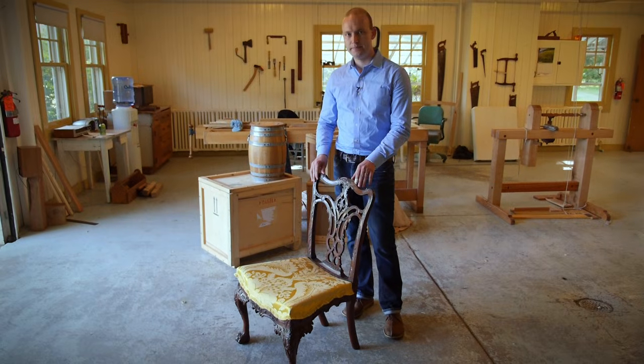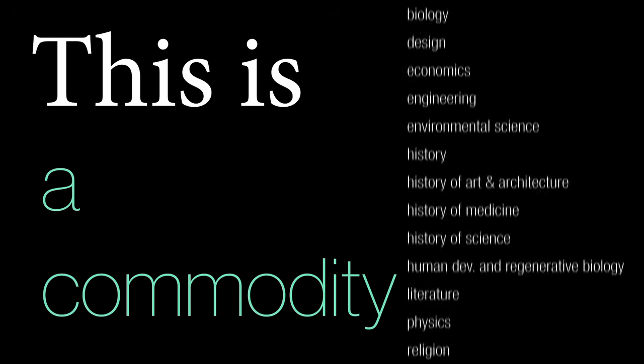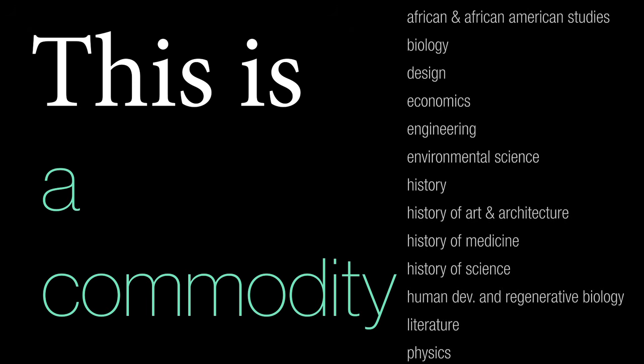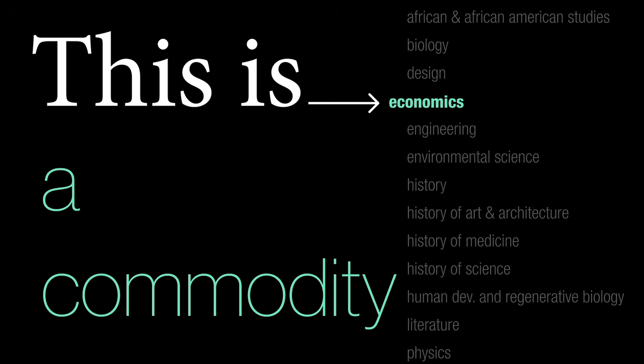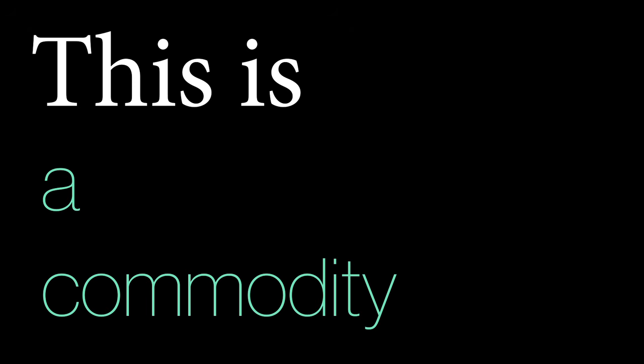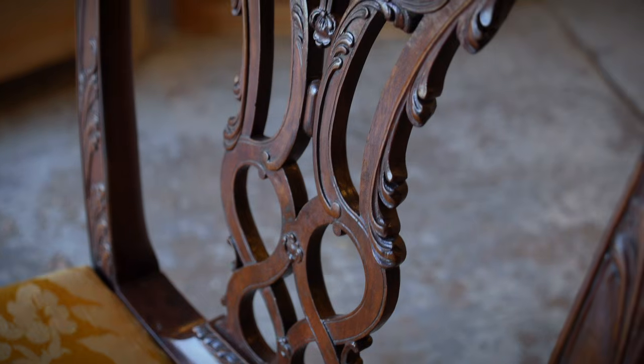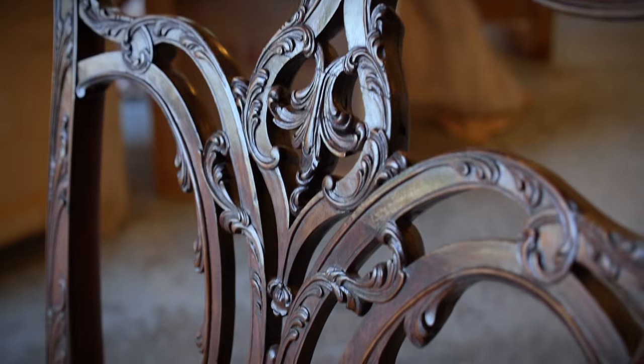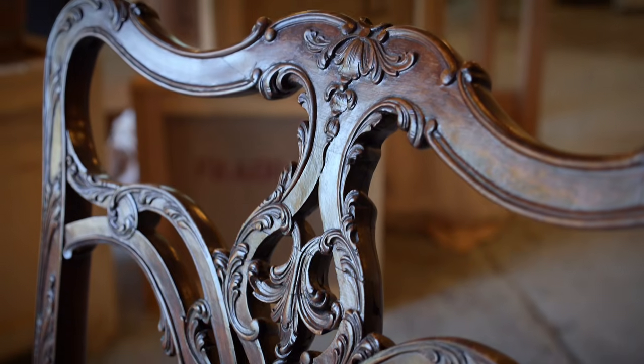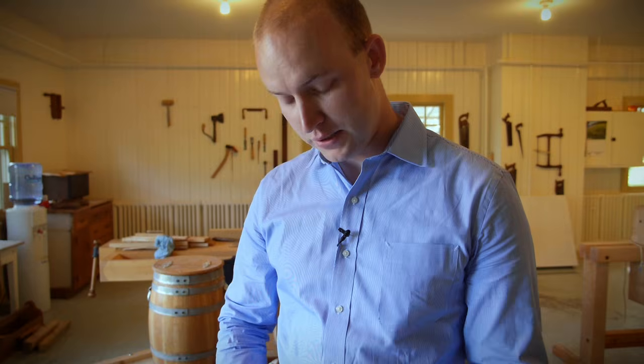This is not a chair, it's a commodity. A chair like this was not only beautiful, but it also required a vast network of commercial relationships to create it. It required craftsmen to produce it, many different sources for the materials that made it. A particular piece of importance is the mahogany.